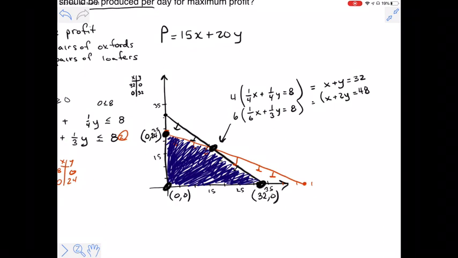Now, you know what, I'm actually going to multiply this top one by -1. Multiply that top one by -1, add them together so that x eliminates. Remember, this is now negative y because I multiplied it by -1, so 2y minus y is y. This is now negative 32 because I multiplied it by -1, so 48 minus 32 is 16.